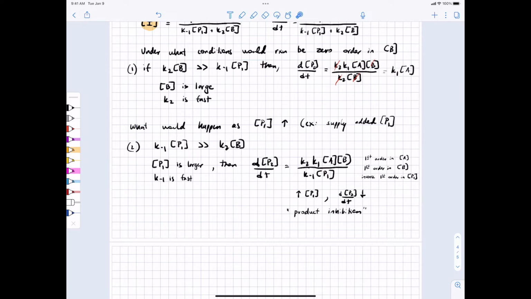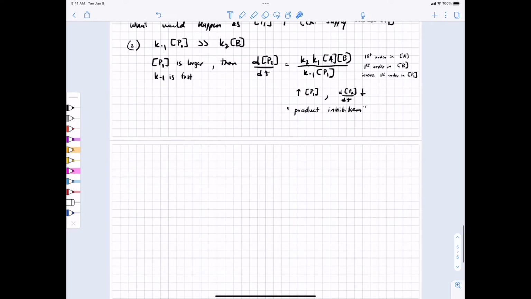Lastly for today, we're going to talk about a situation that's called rapid prior equilibrium. So let's go through this in a little bit more detail.